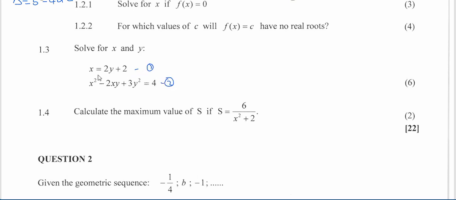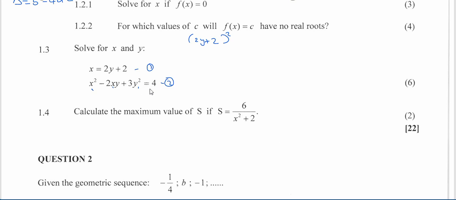Since we already solved for x, which is equal to 2y plus 2, we can substitute x here. Remember, we are substituting x here.